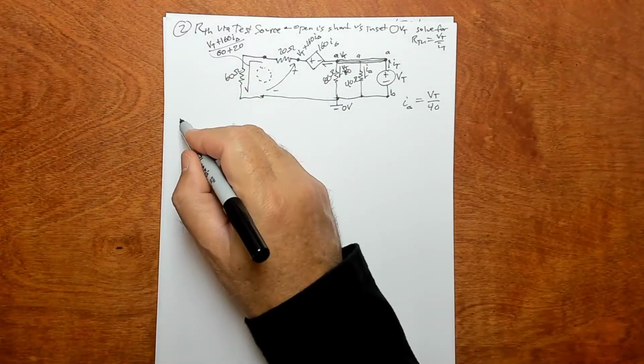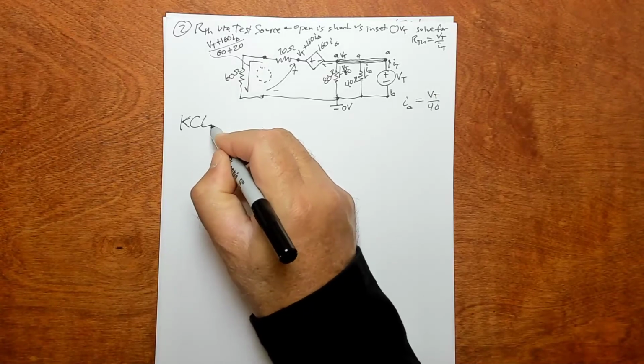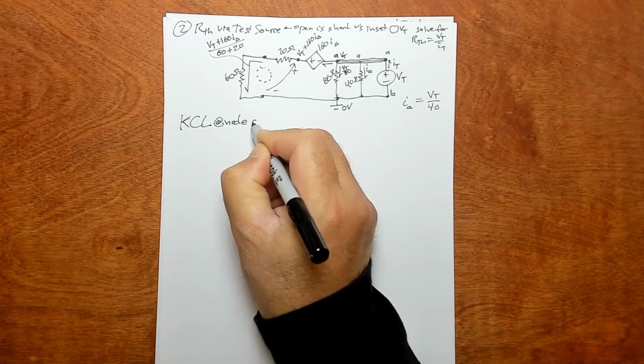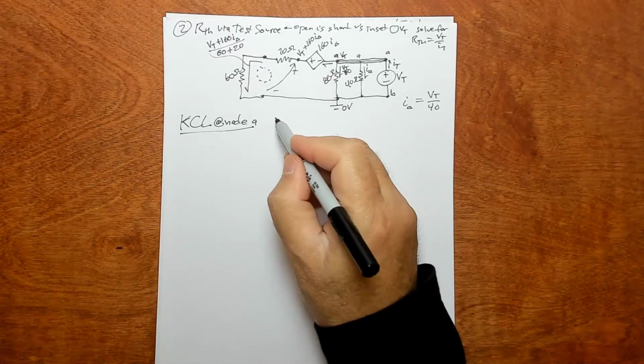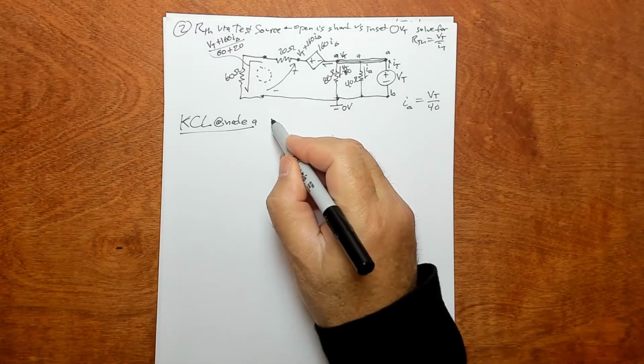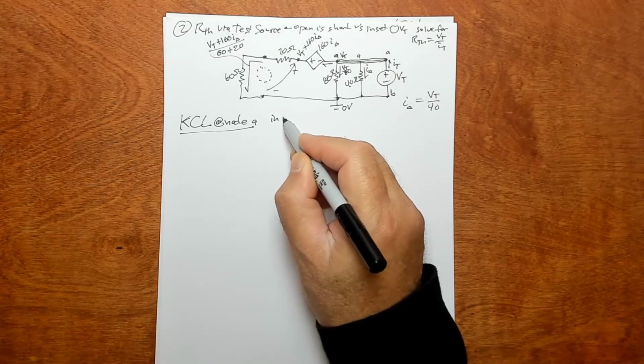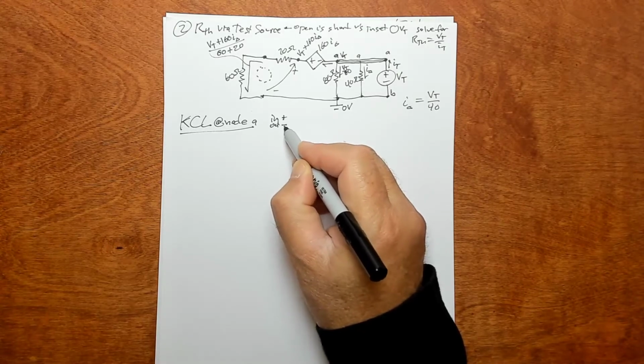We can write a KCL at node A. We'll use in being positive and out being negative.